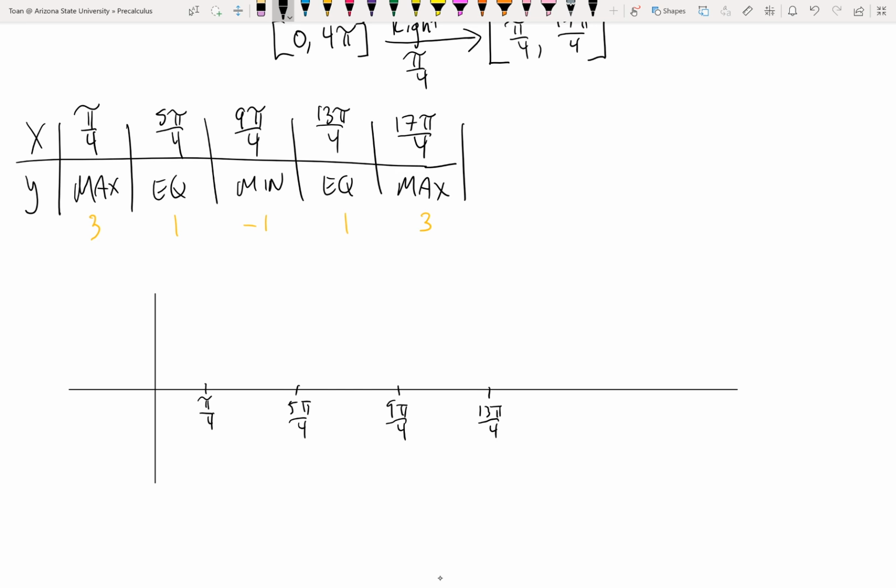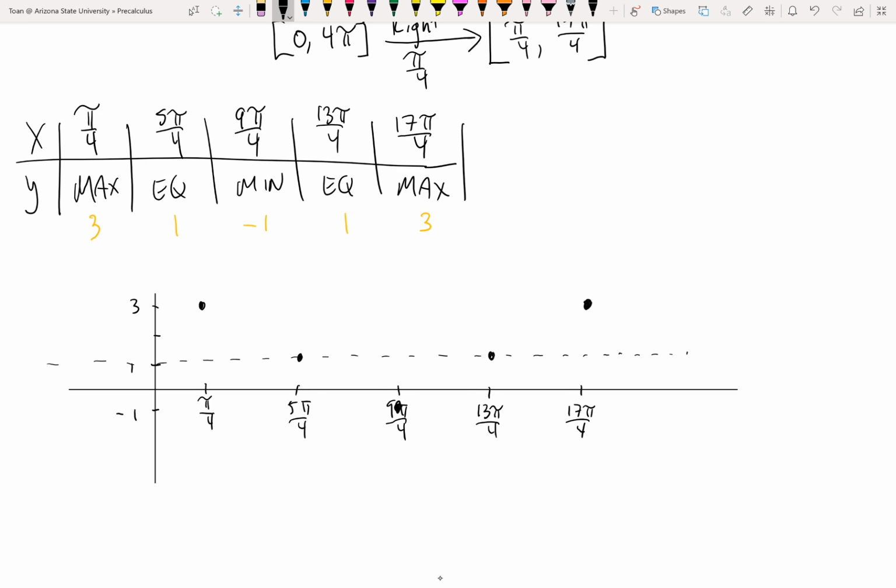That's about 13. And then 17 pi fourths. 1 is a good number, 2, 3 is a good number, and negative 1 is a good number. I like to draw my equilibrium line and plot the points. So it starts off at max, equilibrium, min, equilibrium, max.